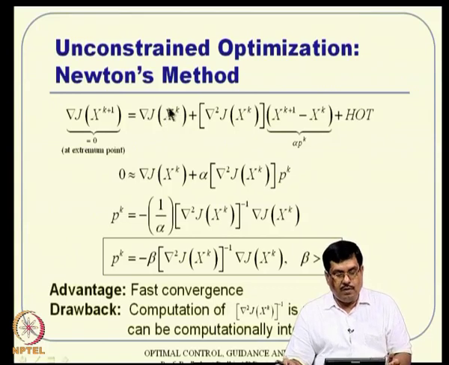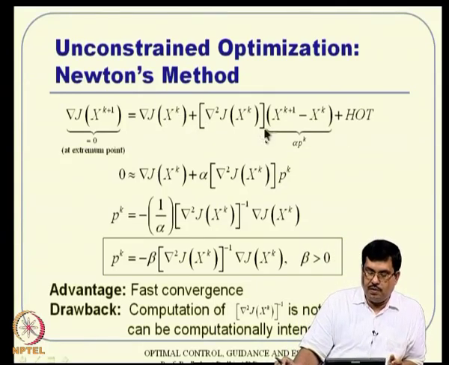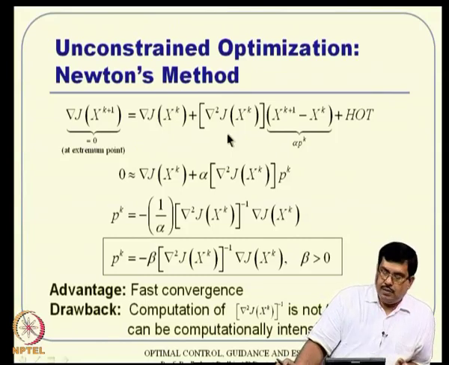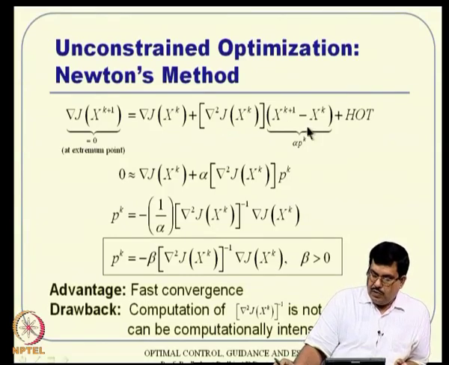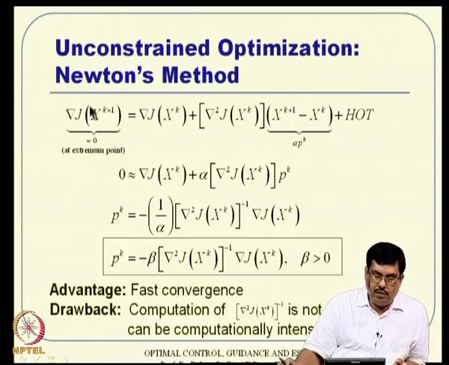Then what does it give us? It gives us the first term plus the second term and so on. Remember, the second term itself involves a Hessian matrix. So, obviously, this gives us some sort of alpha p k interpretation. And what is our aim? Our aim is to make it equal to 0. So, we will find an x k plus 1 in such a way that this gradient, grad j at x k plus 1, happens to be 0.